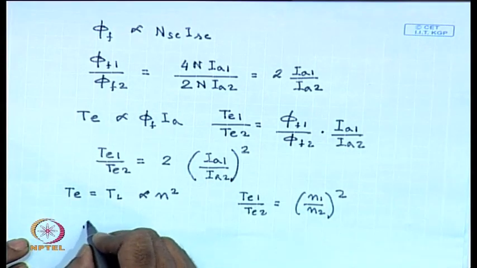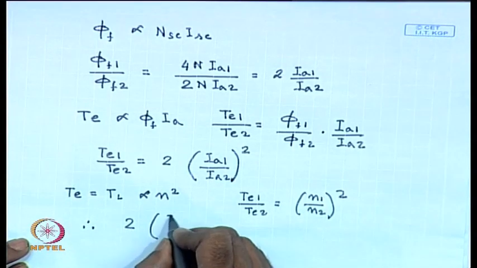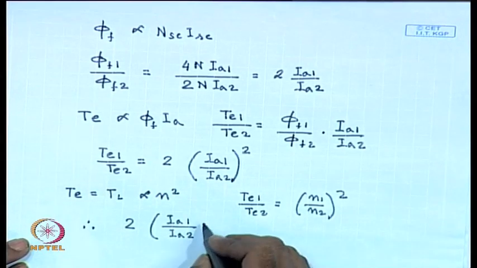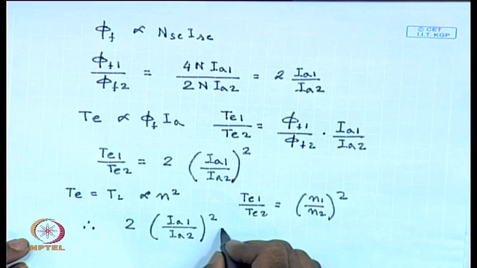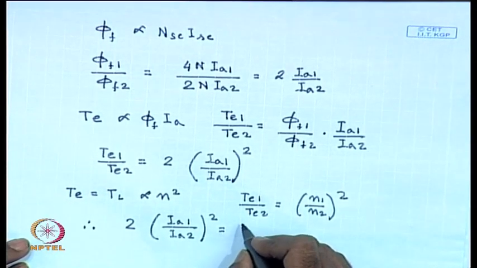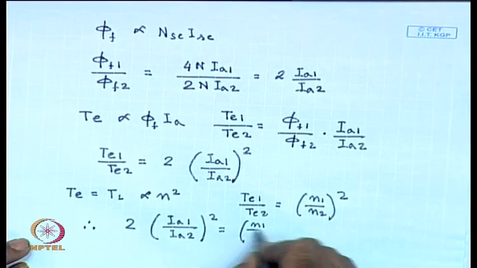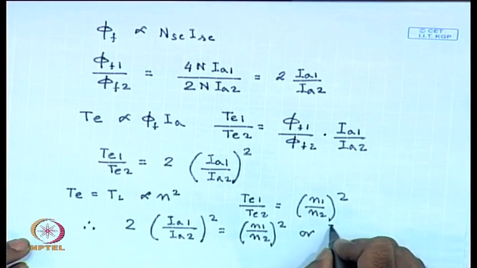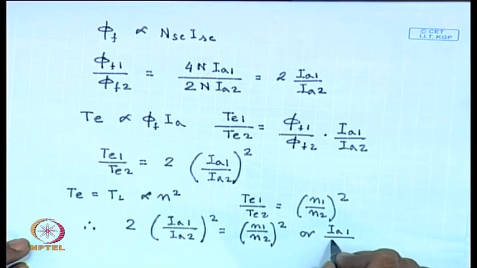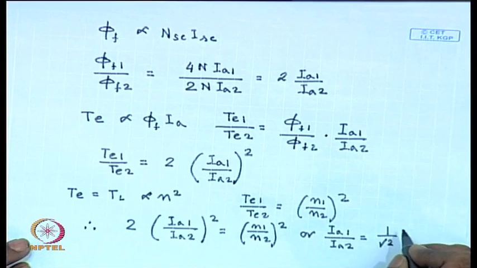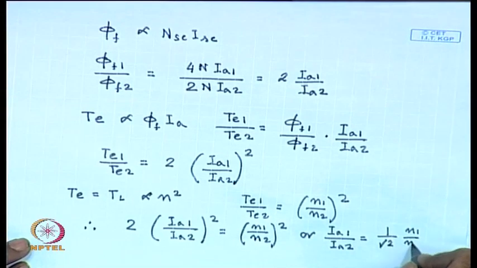So, 2 times I A 1 by I A 2 whole square equal to N 1 by N 2 whole square, or I A 1 by I A 2 equal to 1 by root 2 N 1 by N 2.